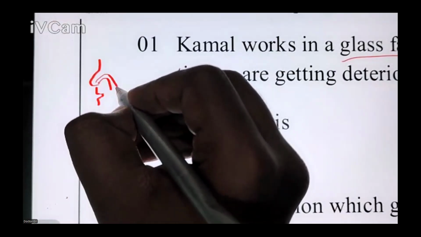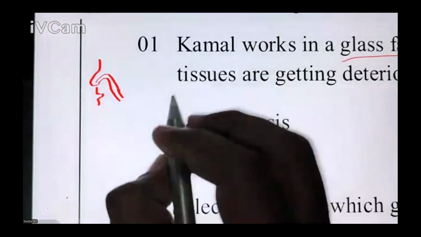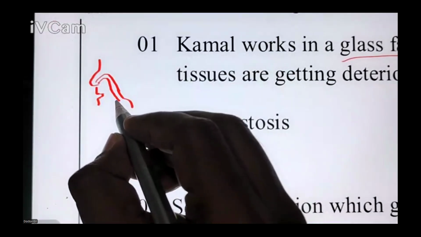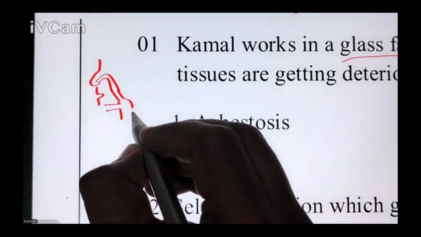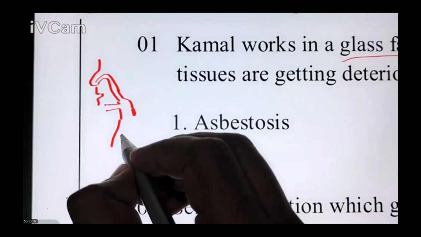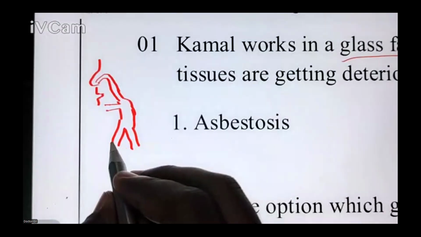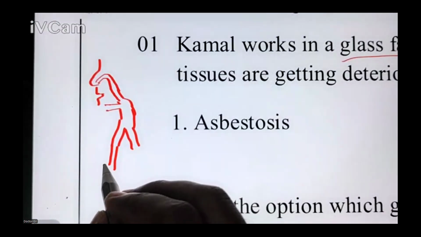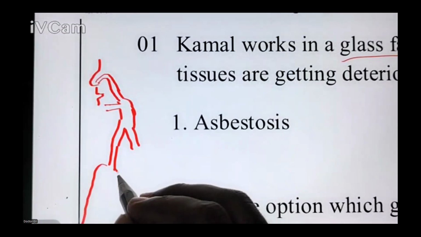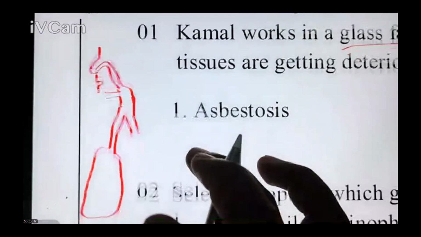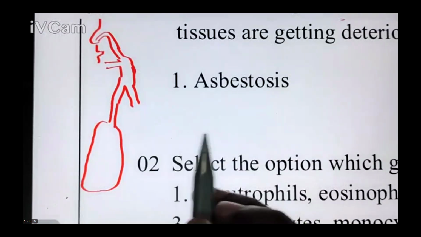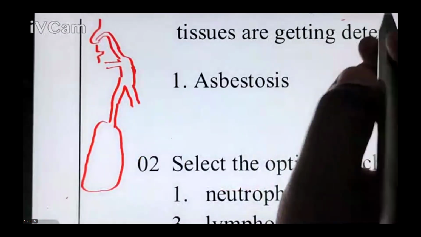From here the nasal pathway, then it comes to the pharynx, then divides into the esophagus and the trachea. The trachea goes to the lungs. I will draw only one lung. I'm not making a real diagram, this diagram is only to explain.